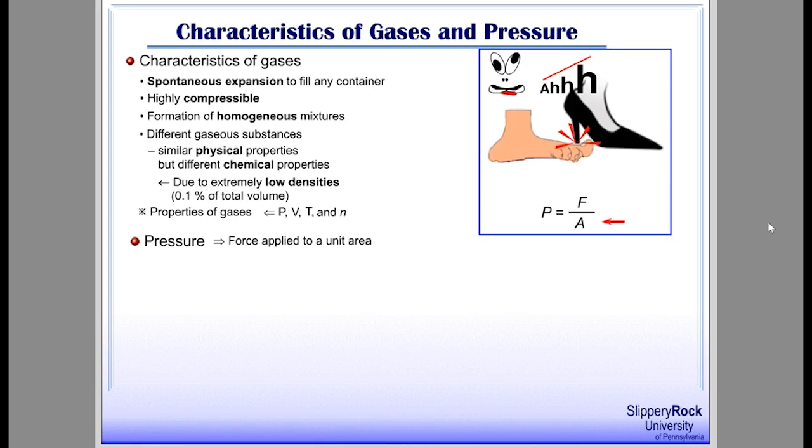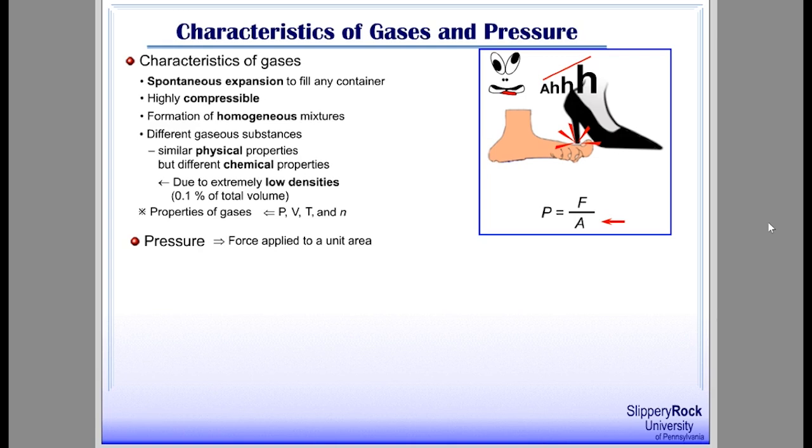No matter she wears tennis shoes or high heels, her body weight remains the same, or the vertical force remains constant. However, the contact areas in the two cases are different.